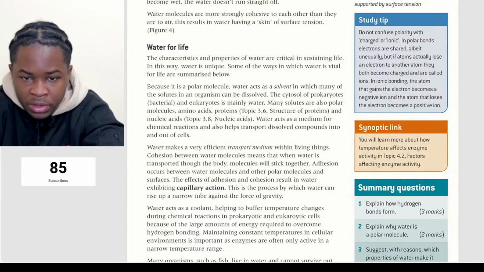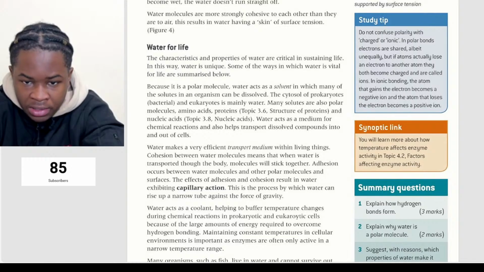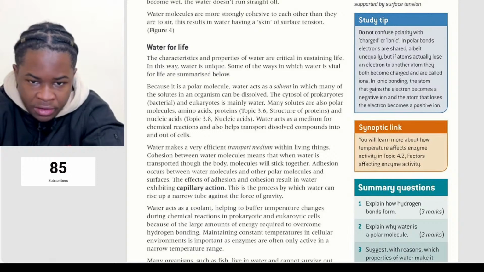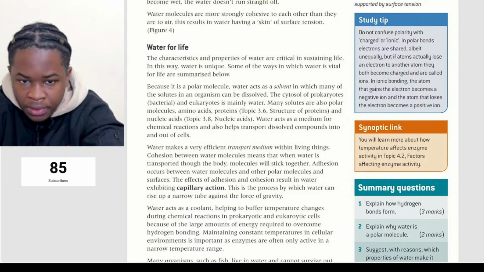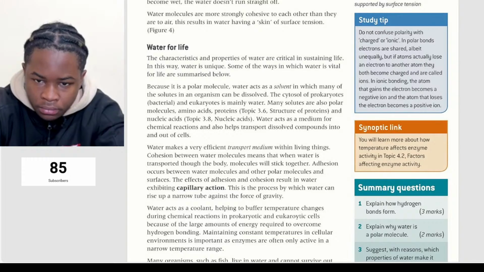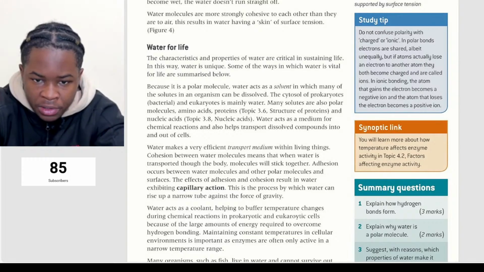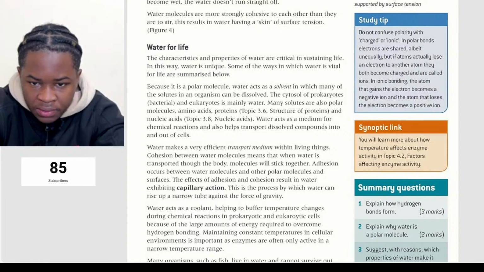Because it is a polar molecule, water acts as a solvent in which many of the solutes in an organism can be dissolved. The cytosol of prokaryotes (bacteria) and eukaryotes is mainly water. Many solutes are also polar molecules, such as amino acids and proteins.